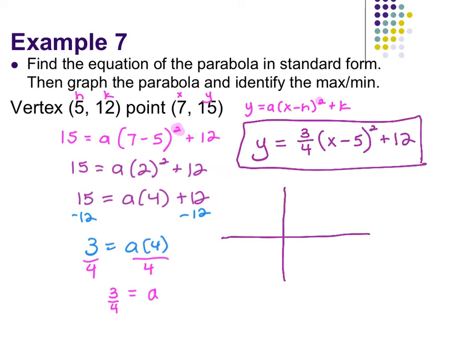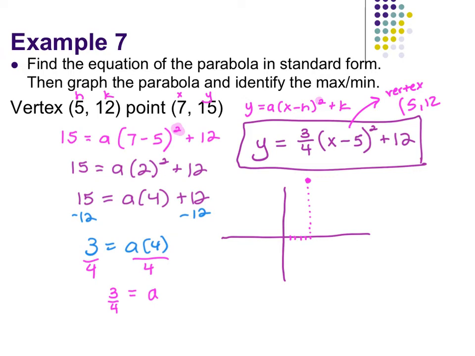So what's my vertex? 5, 12. It's still 5, 12. It's 3/4. That's just how wide it is. That's not going to impact my actual vertex.